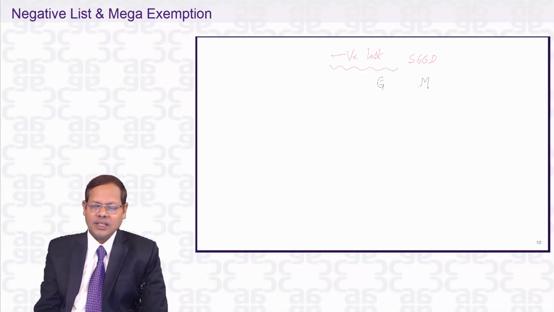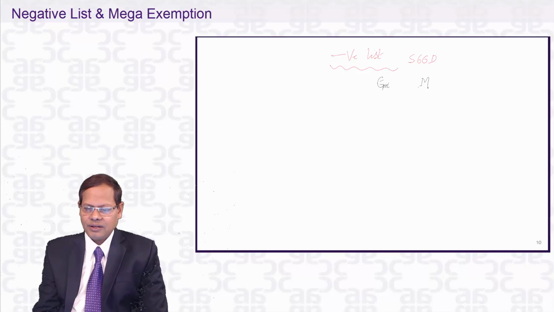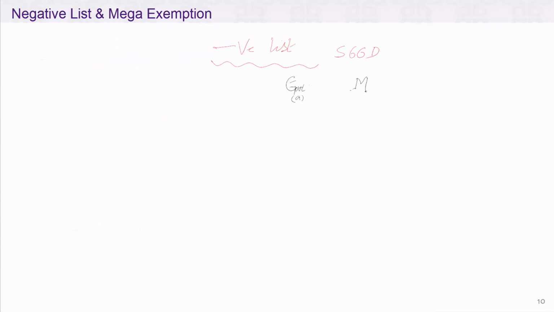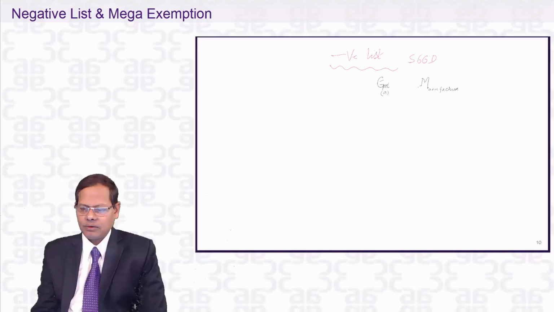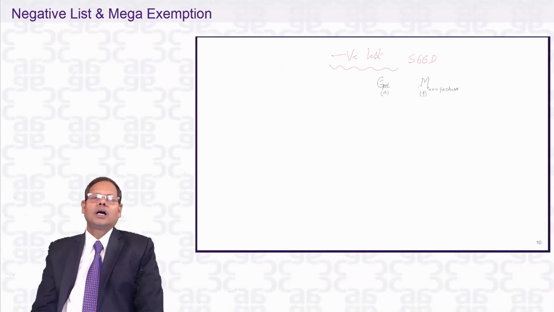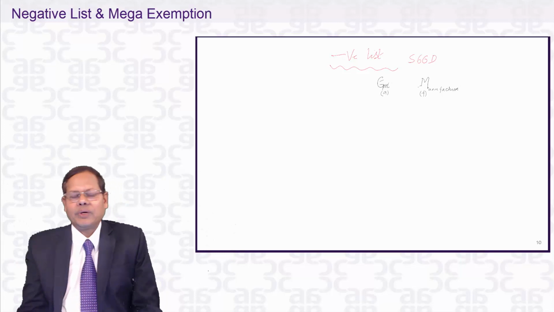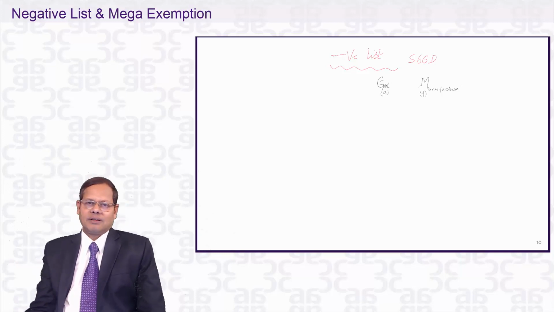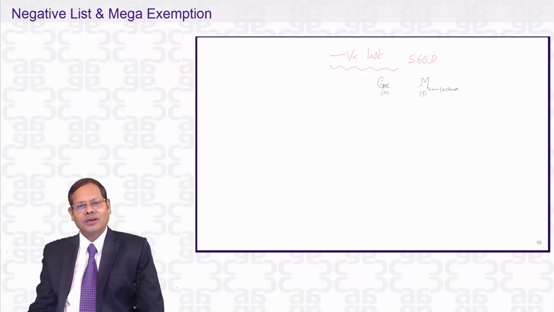So here G stands for government services. This is under A, 66DA, and M stands for manufacture. So we have finished. Manufacture is under clause F. Maybe you remember, under central excise, manufacture has been defined under section 2 clause F, and here also for manufacture negative list it is F, clause F. Try to relate and it is easy to remember.